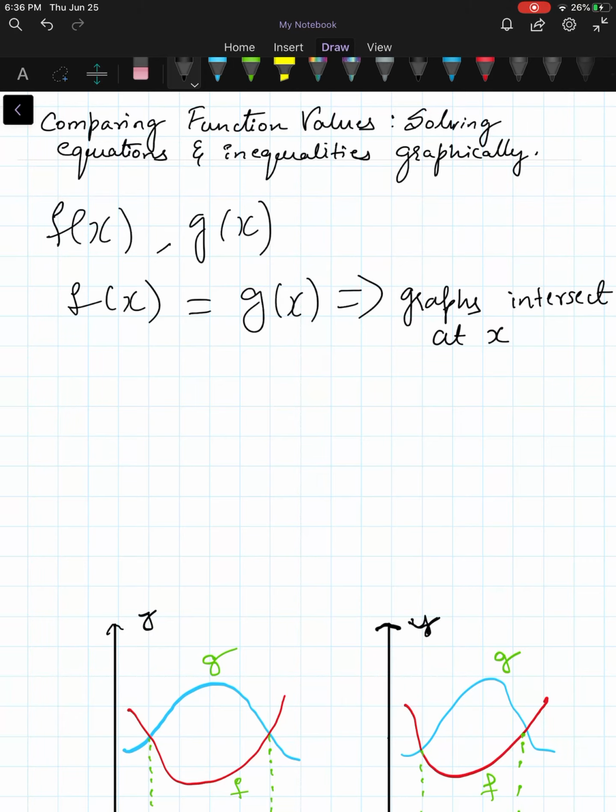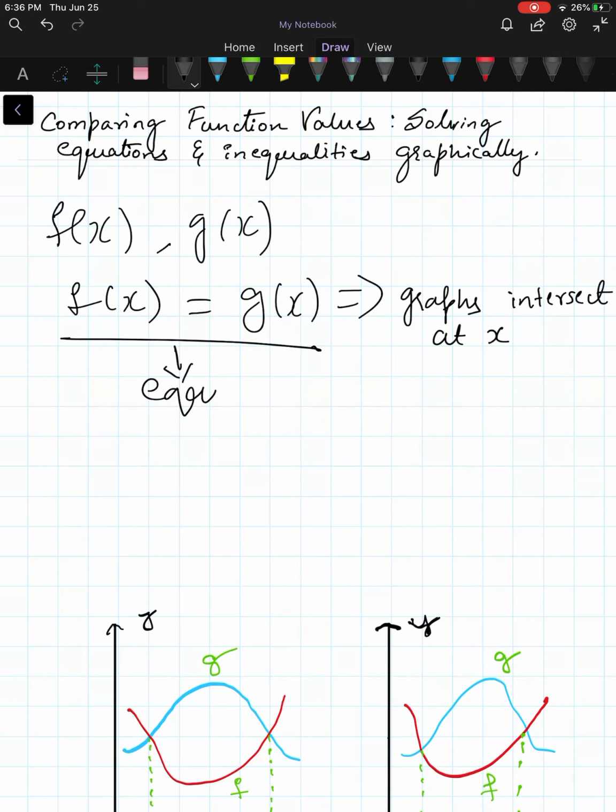Pictorially, it can be seen that the two graphs will be intersecting at that particular point. So this x will be nothing but the solution of the equation f of x is equal to g of x. This is nothing but an equation.